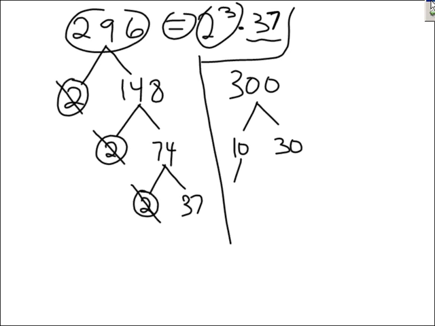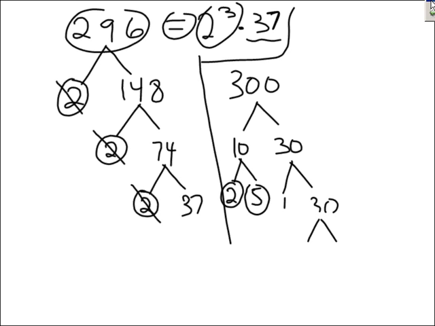Okay, 10 is not prime. 10 can be broken down to 2 times 5, both of which are prime. Like when you break down 30, don't say 1 times 30, because then you're going to have to break down 30 anyways. You didn't get anywhere if you do that.